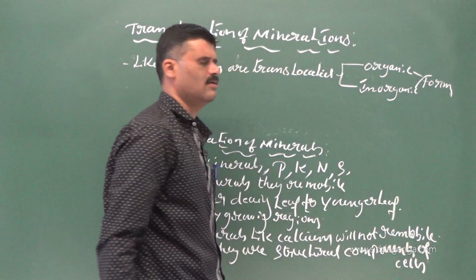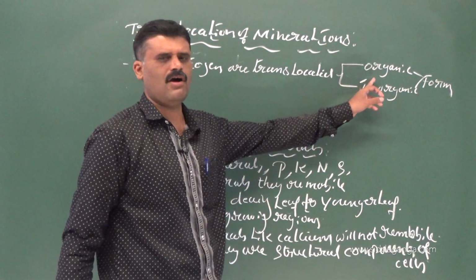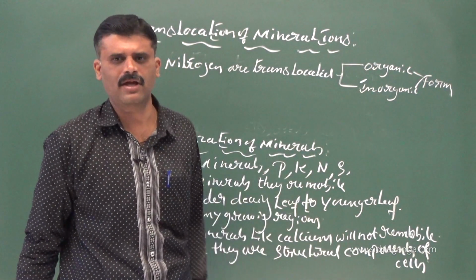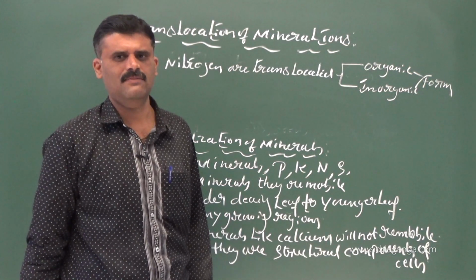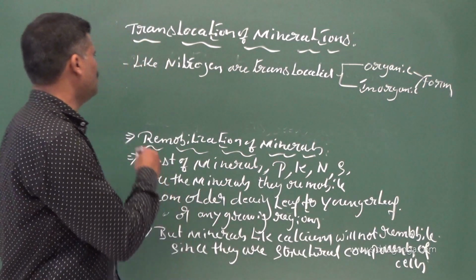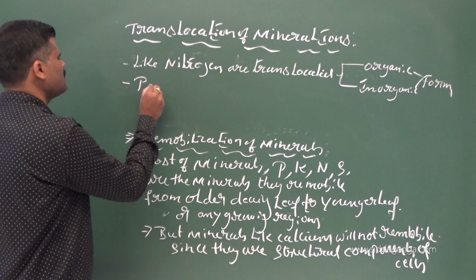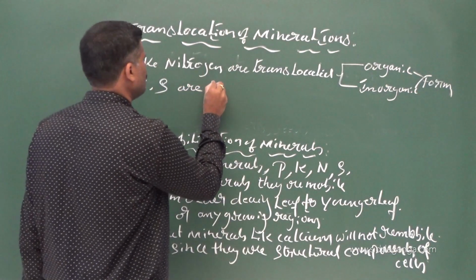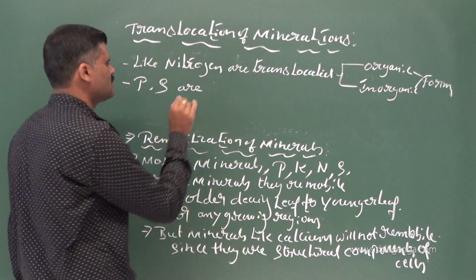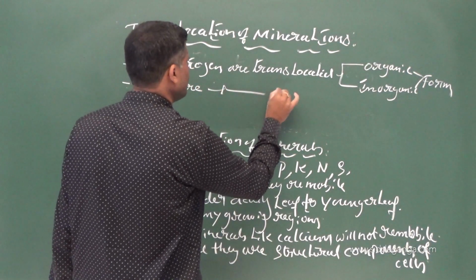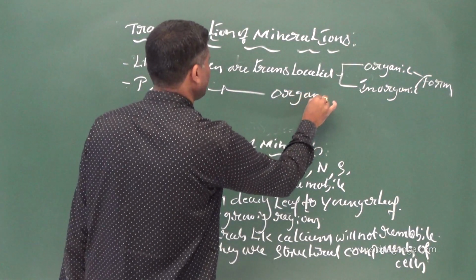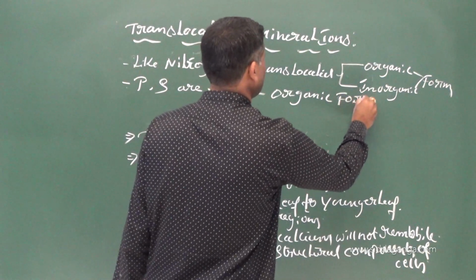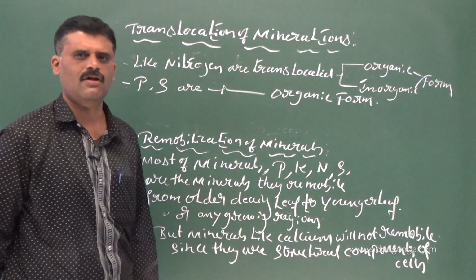So some nitrogen is transferred in organic form, some in inorganic. Organic, like in the form of amino acids through the xylem vessels, and some phosphorus and sulfur are translocated in the form of organic form. So they are translocated in the form of organic.